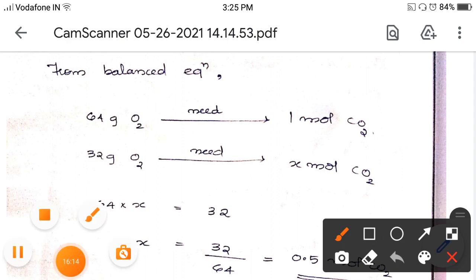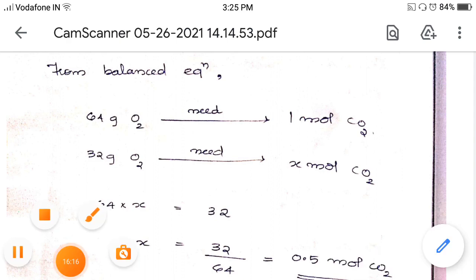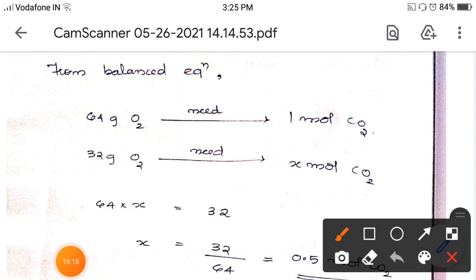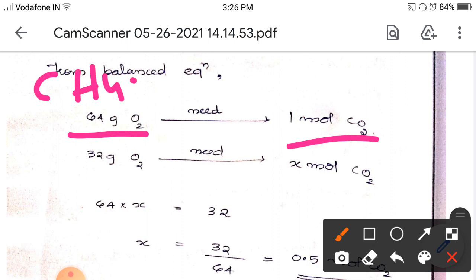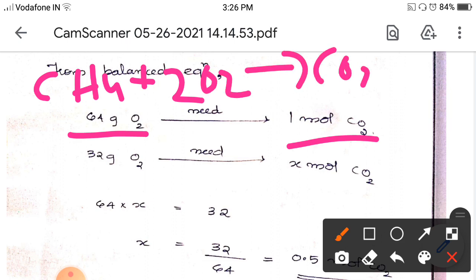Now next, from the balanced chemical equation, we already know that 64 gram oxygen is needed. What is the balanced chemical equation? You have to write that. First of all, CH4 plus 2O2 gives carbon dioxide plus 2H2O.